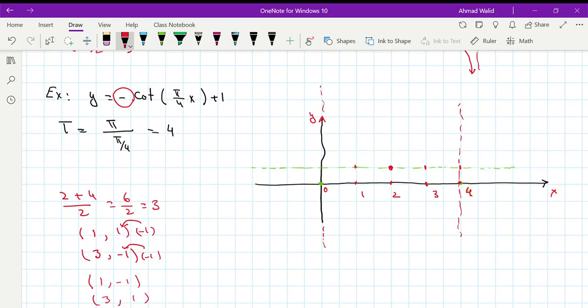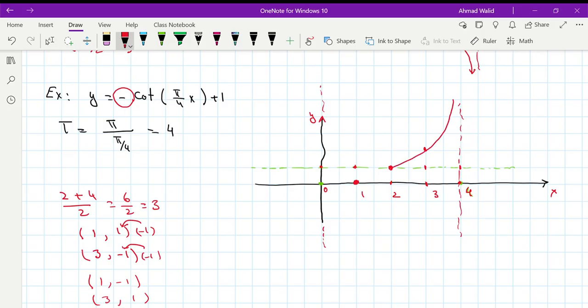When it's 1, y is negative 1 here, from your new x-axis, this point. When it's 3, y is positive 1, means here. You see how the graph is opened here?